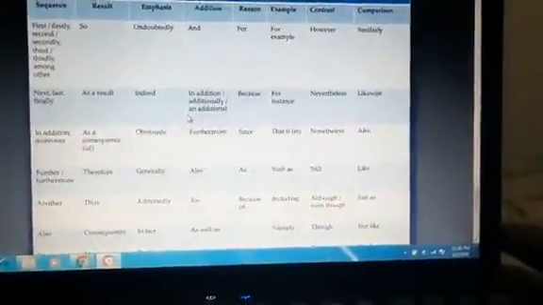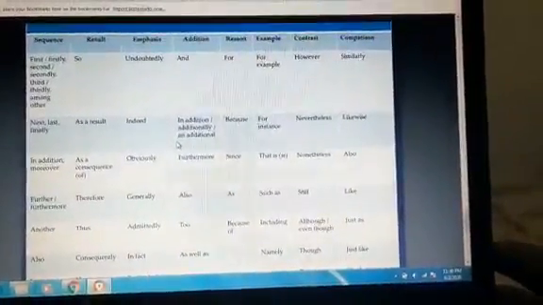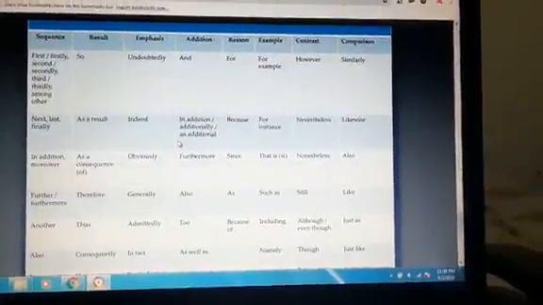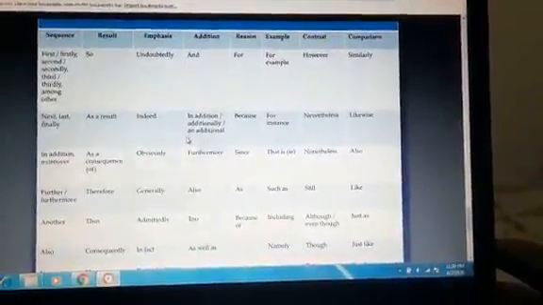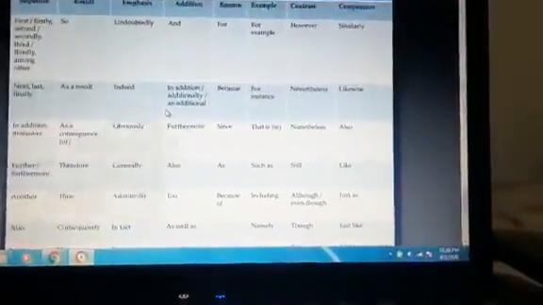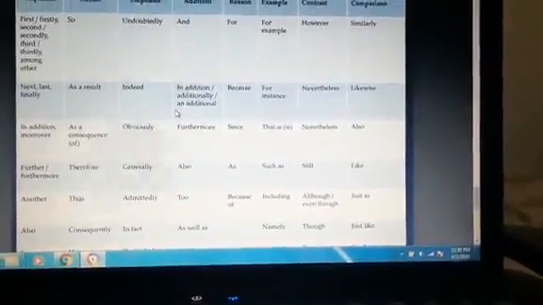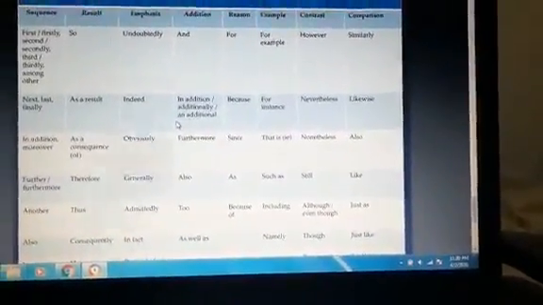These are the linking words which can connect the phrases: first, firstly, second, secondly, thirdly, among others. These all show sequence. Next, last, in addition, moreover, further, furthermore, another, also, etc.